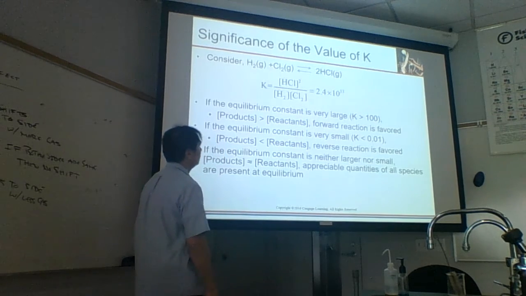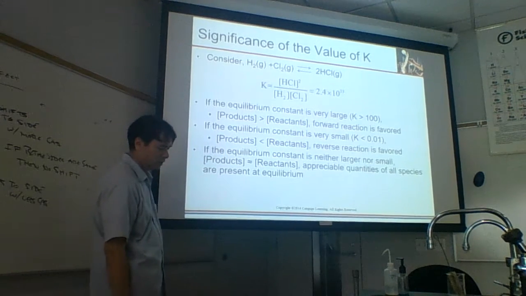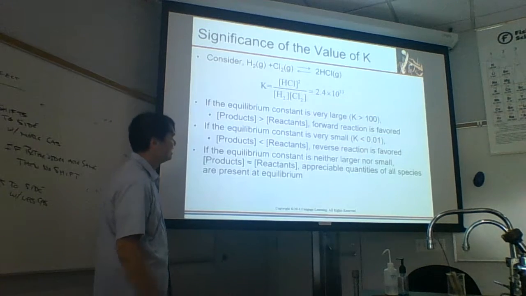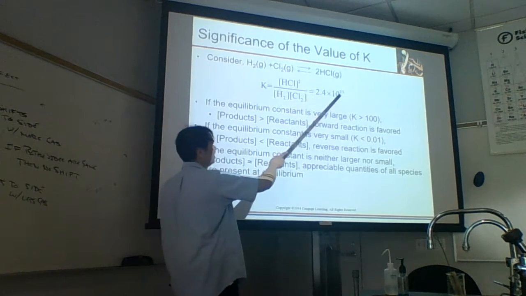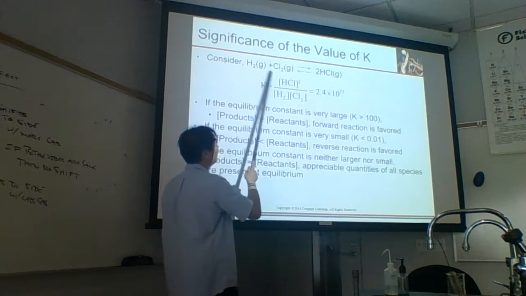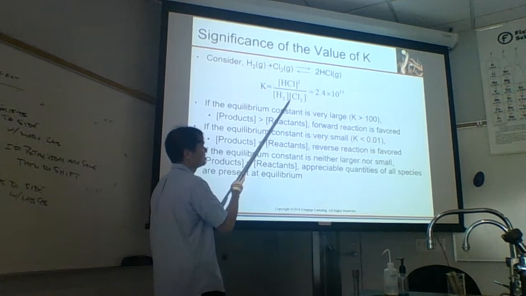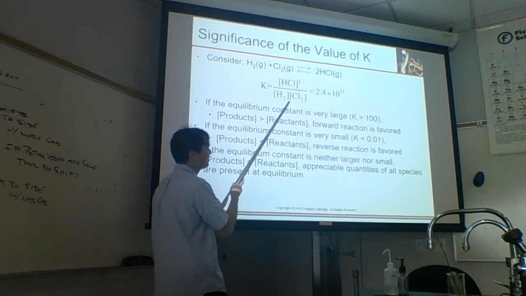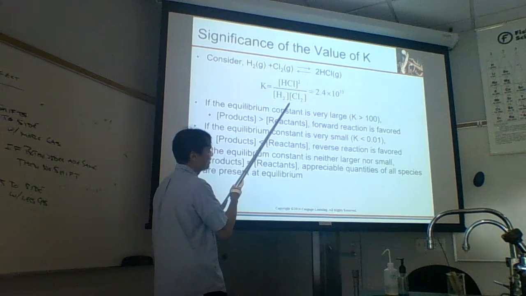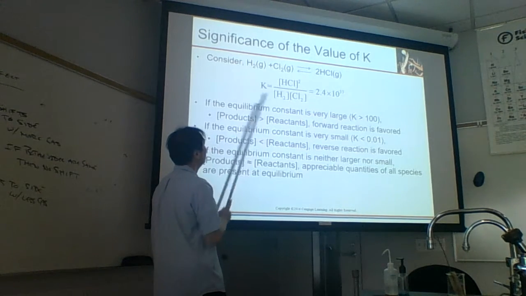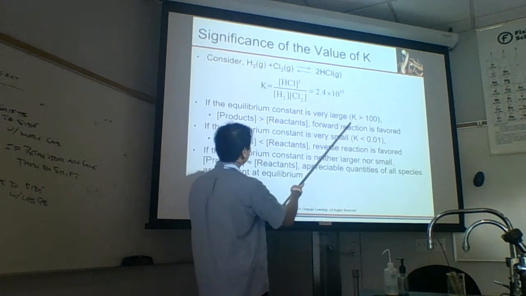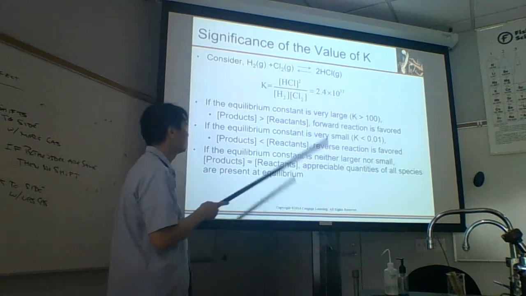Okay. So, how big do these numbers get? This is very big. It's huge. This is almost like, this we do regular stoichiometry on, Chem 1A stoichiometry. If the equilibrium constant is very large, greater than 1, then the forward reaction is favored.